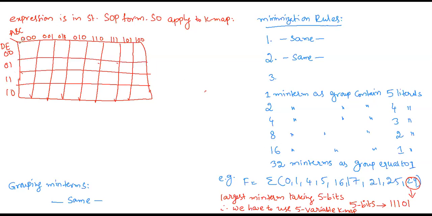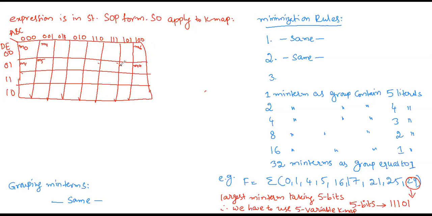This is the M0 box. Next, M1 box. M4, this is the M4 box. This is the M5 box. Next, M16, M17, M21, M25.